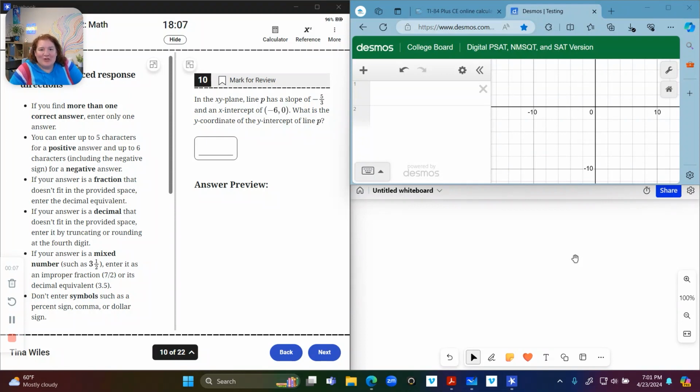I am currently going through the Bluebook Test 5 that's available from College Board, and I am in Module 2, which is the predictive module, the harder of the two. So if you did really well on Module 1, this would be the harder version of Module 2.